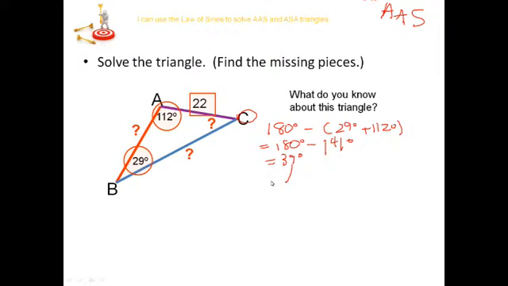Okay, so I know that angle C is 39 degrees. So now I can use the law of sines to solve for the other sides. So let's start with side A. The sine of A over the length of A, which is right here, equals the sine of 29, which is B, the sine of B over the length of B. So now I just need to substitute in.